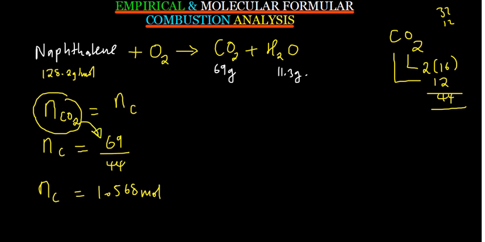Now the number of moles of carbon dioxide is the same as the number of moles of carbon. That's why I've equated them. Or is it because one mole of carbon is just the same as one mole of carbon dioxide? Yes. Okay, good. Is there another question?